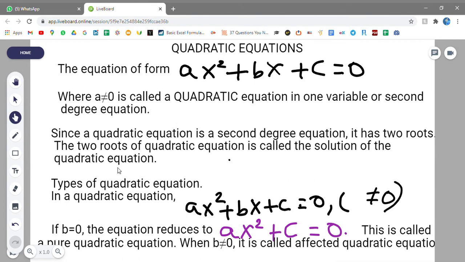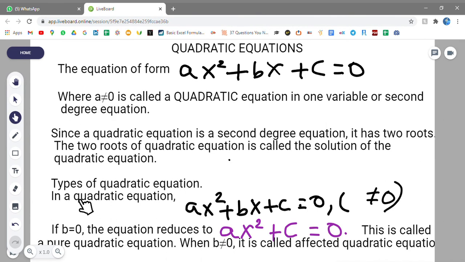Once you find the value of x from the x square equation, you will get two values for x. How we are going to consider the two values will also be given. So this is the first introduction of quadratic equation, that is ax square plus bx plus c is the form of the equation where a is not equal to 0.